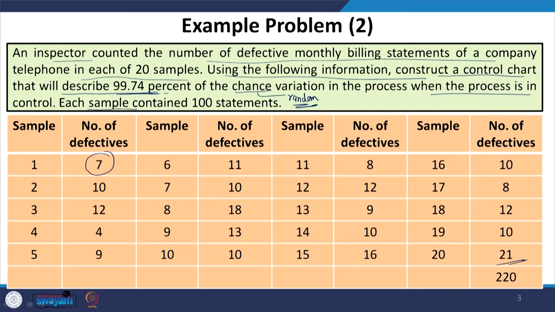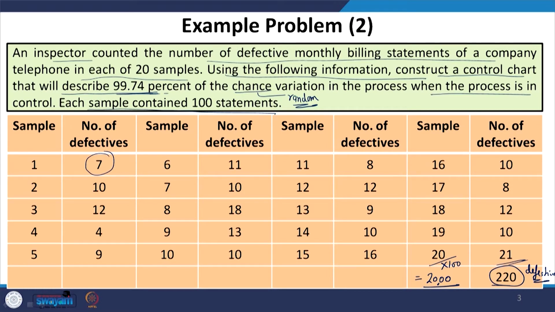Each sample contained 100 statements, and you have taken 20 such samples. So, the total number of statements studied is 2000, and out of 2000 statements, 220 are defective.